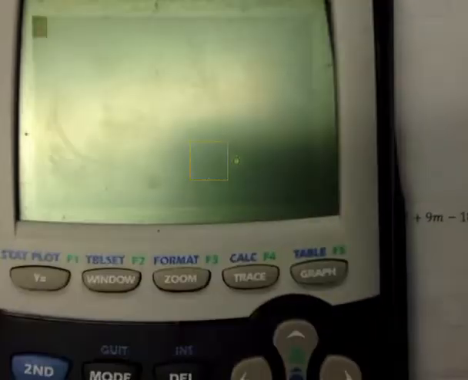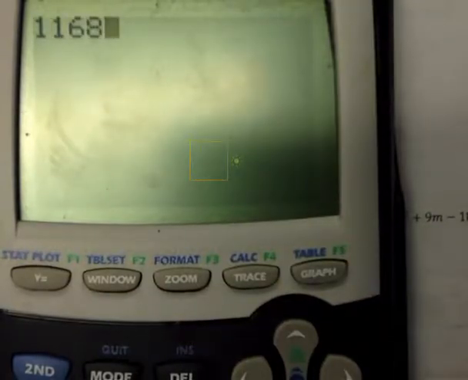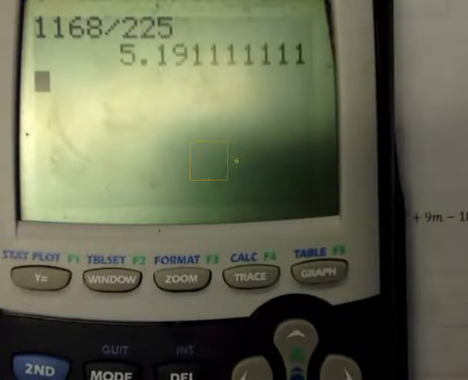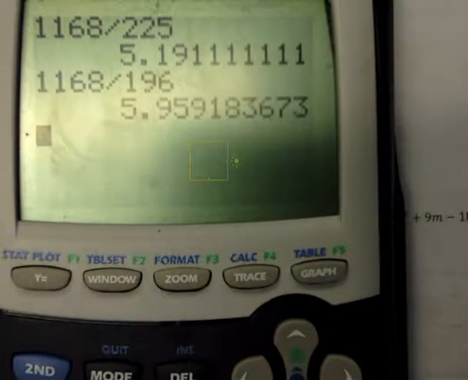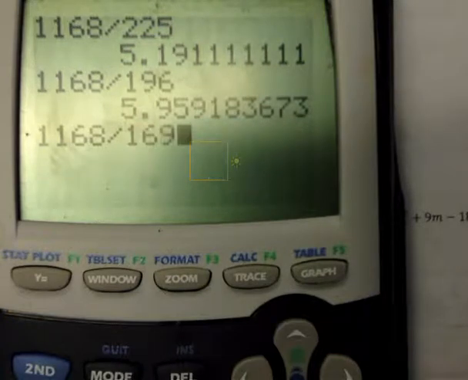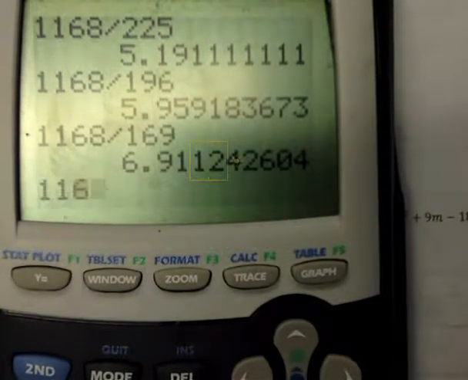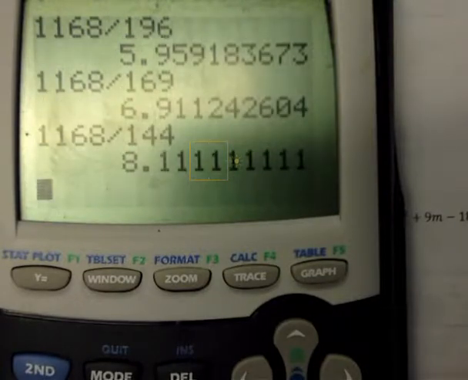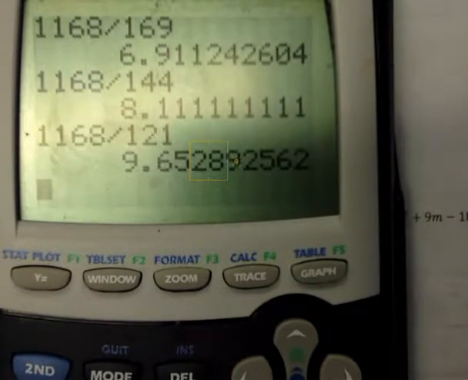So we're going to start with 1,168 divided by 225, then 196, so that was 14. 13 squared. 12 squared is 144. 11 squared is 121. 10 squared we know is 100.